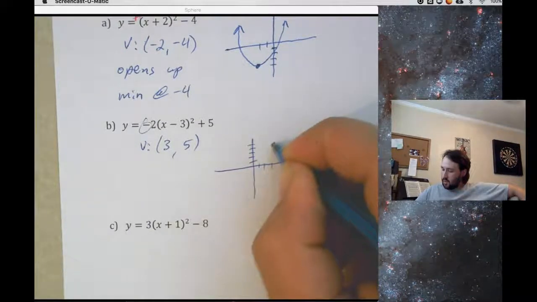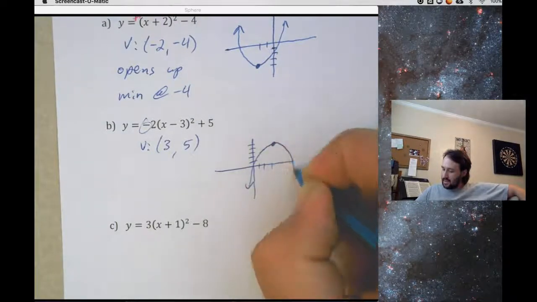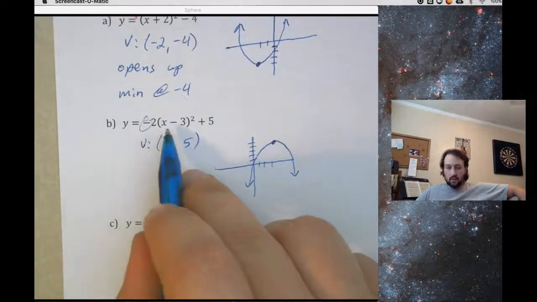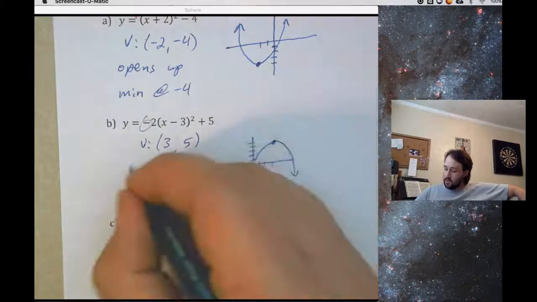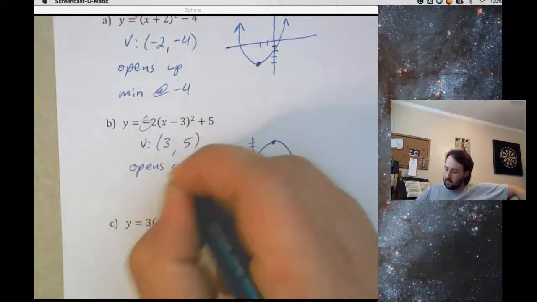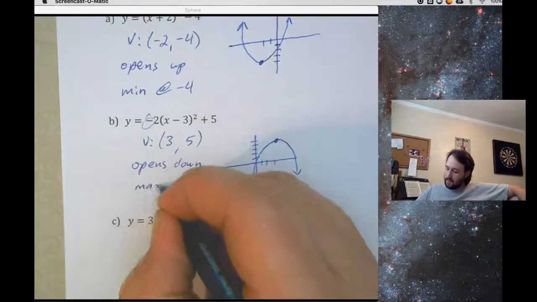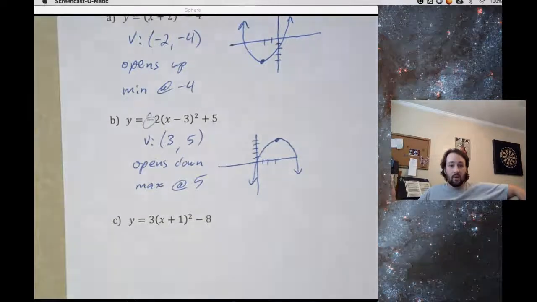So I have a point here, and I will be opening down because it is a negative value. So when I have a negative x squared, it's going to open in the opposite direction. So this one opens down, and it has a max at the y value of my vertex because that's the highest point, so a y value of 5.